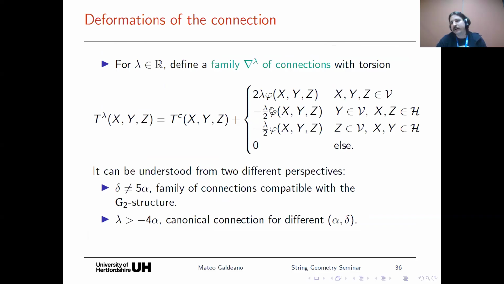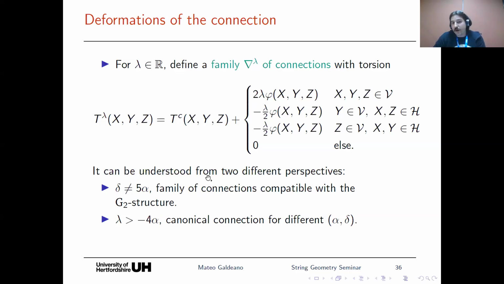And this connection can be motivated from a couple of perspectives. If delta is different from 5 alpha, it agrees with the family of connections that is compatible with the G2 structure, which in this case is a one-parameter family. But you can also think of it as being the canonical connection for a different 3-alpha-delta Sasaki structure, just on the deformation of the connection.